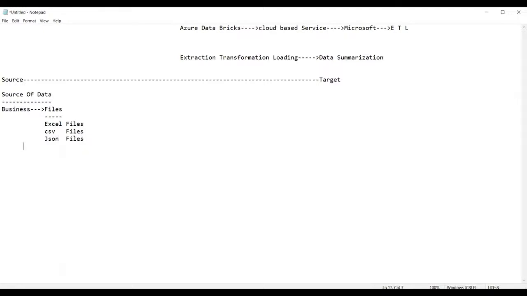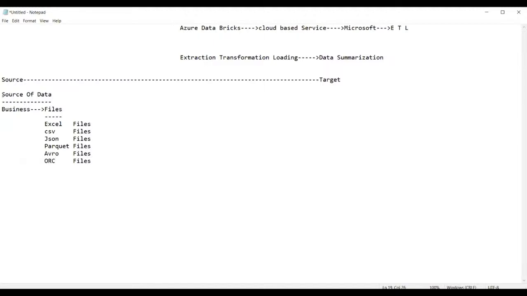And then afterwards, you have Parquet files, and then you can have Avro files. And then we can also have ORC files. Various types of files.